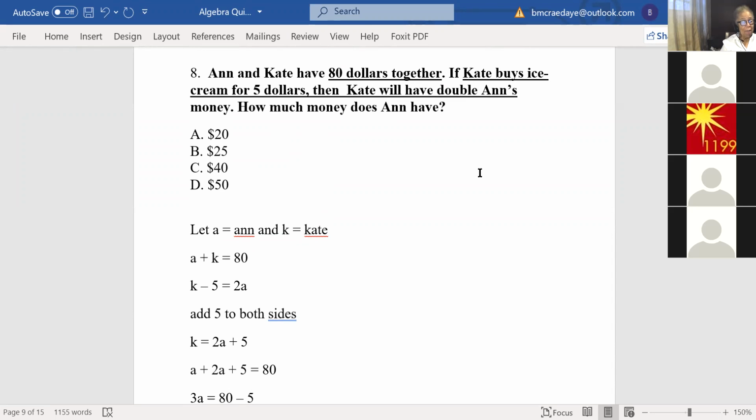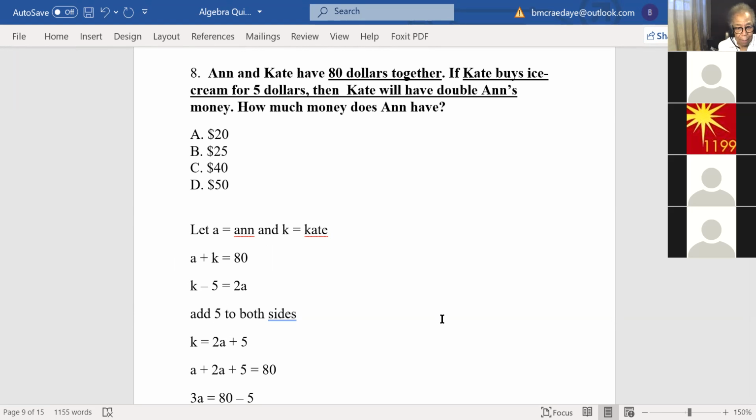But when you don't have a nice, neat way, be able to translate these words into the math. $80 together is A plus K is 80. Kate spent $5, that's a subtraction. K minus 5 is twice Ann's amount. So these would be the equations you would set up. Then you can take the K and express it in terms of A, substitute it back in this equation, and then just solve for the one unknown.